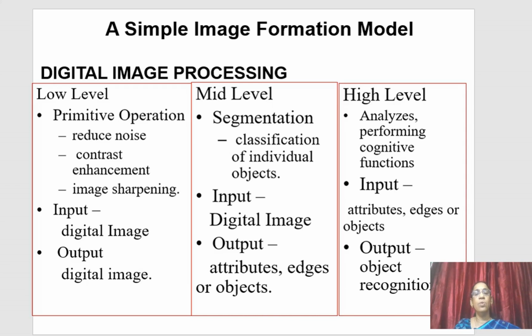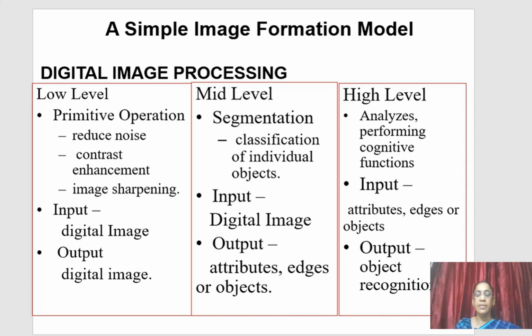In low level, many primitive operations are used, such as reducing the noise, enhancing the contrast, sharpening the edges and smoothening the edges. Here the input for this processing is an image.